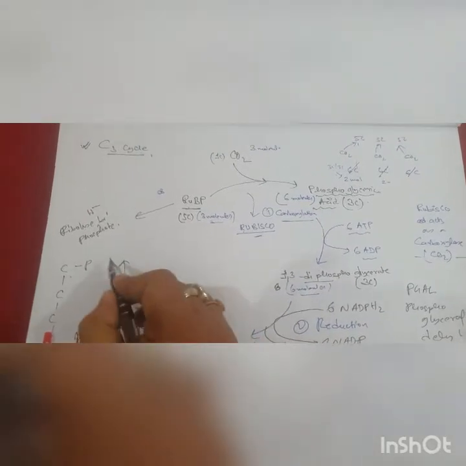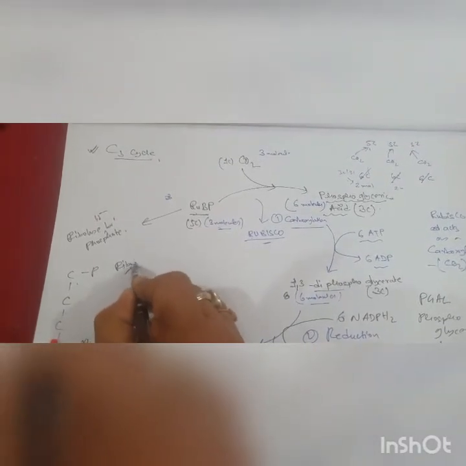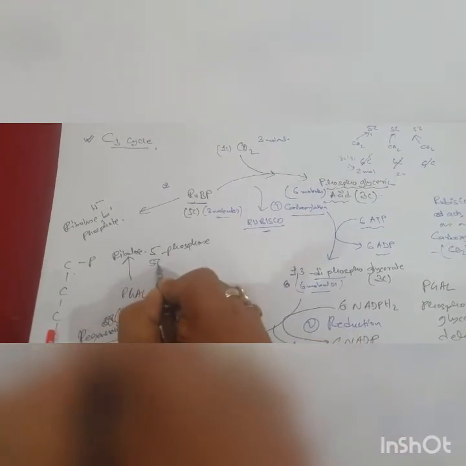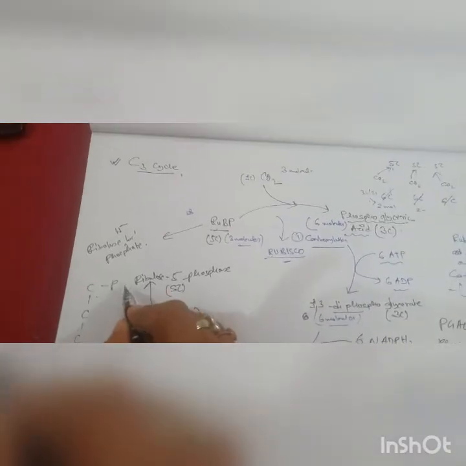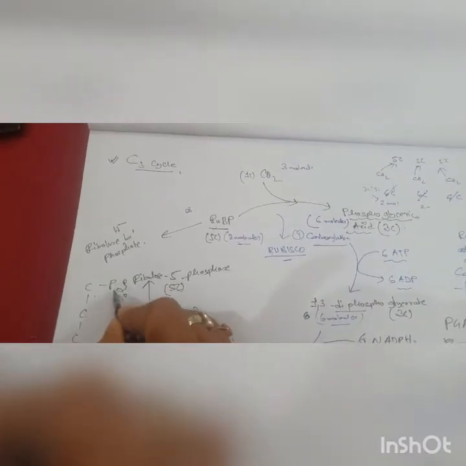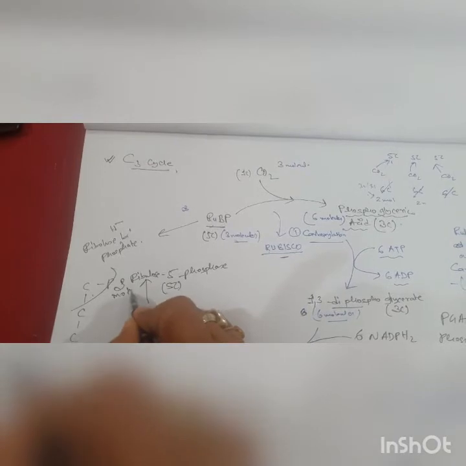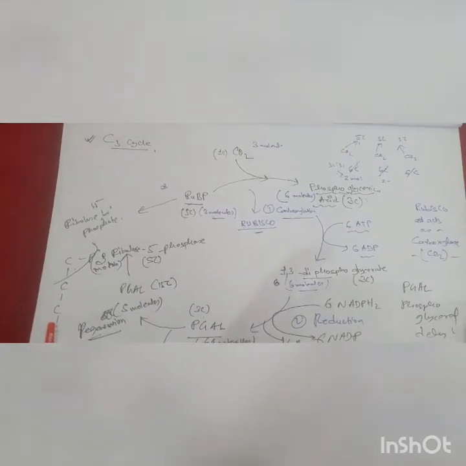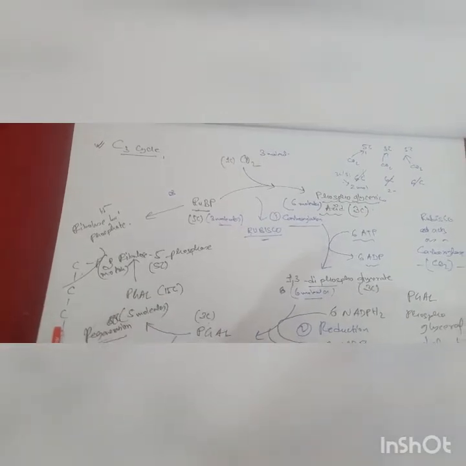These will add up and create ribulose 5-phosphate. Now if it creates ribulose 5-phosphate, which is a 5 carbon sugar, so to make 15 carbons, it should be 3 molecules now. It should be 3 molecules, yes or no? 3 molecules of ribulose 5-phosphate.